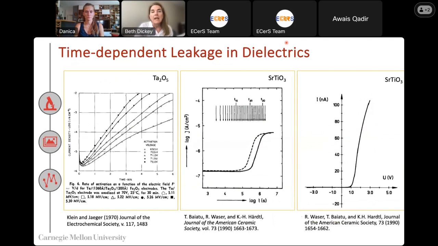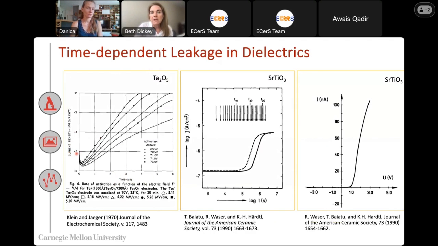Okay. From an electrical perspective, what this looks like, and this has been studied for many, many years, is in things like tantalum oxide, which is a really good dielectric material used in many capacitor applications, things like strontium titanate. What's plotted here and may not be very visible is conductivity as a function of time, and that's what's on the x-axis here.